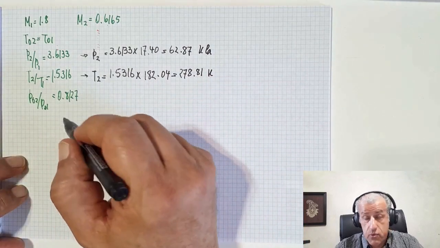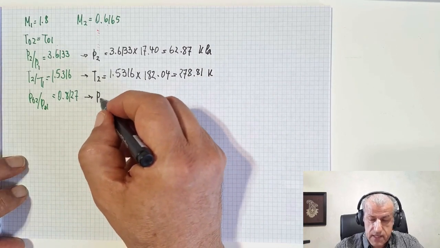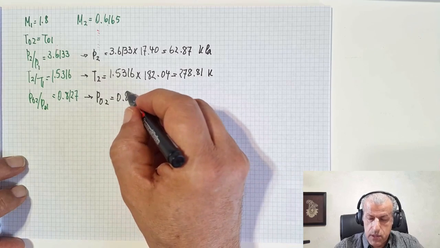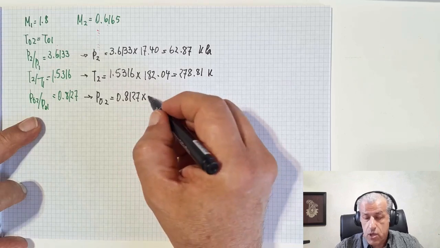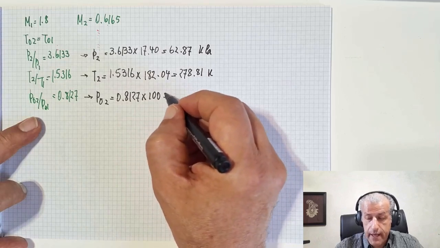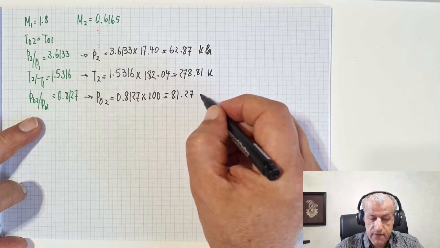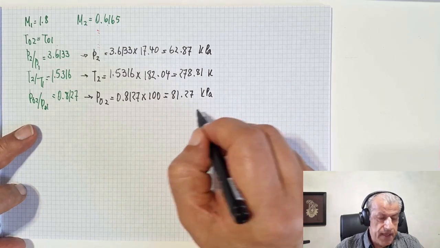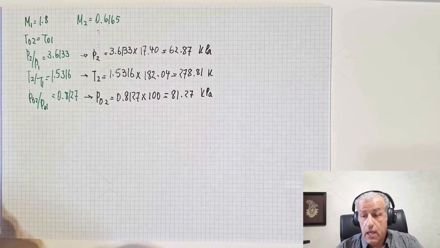And the very important point is the total pressure after the shock wave, and that gives us that PO2 equals 0.8127 times the total pressure before the shock, which was 100 kilopascal, and that equals 81.27 kilopascal.